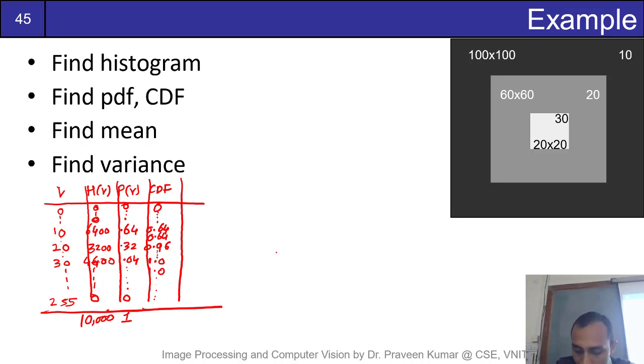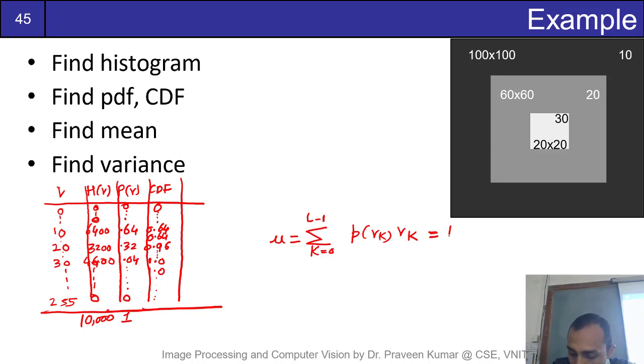So how do you calculate mean? Take that particular intensity value RK, multiply by its probability, and sum it for all intensity levels from 0 to L minus 1, and you can calculate this.